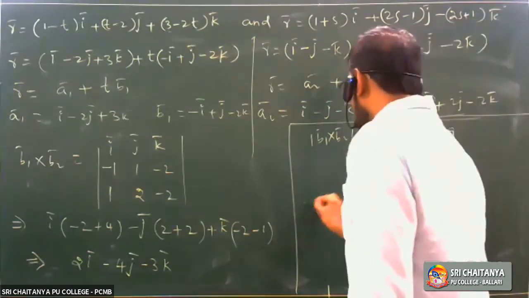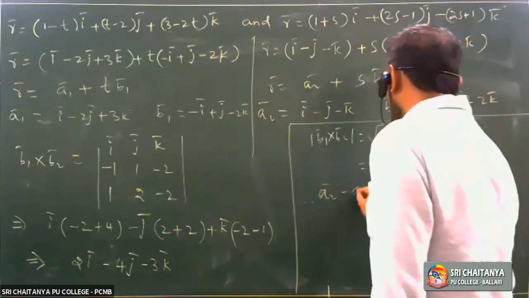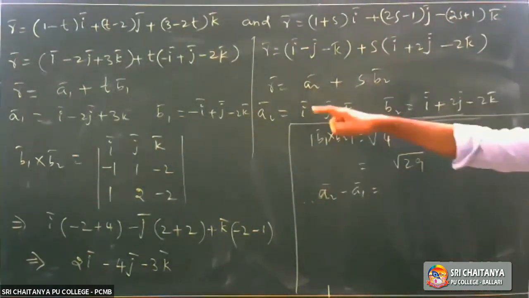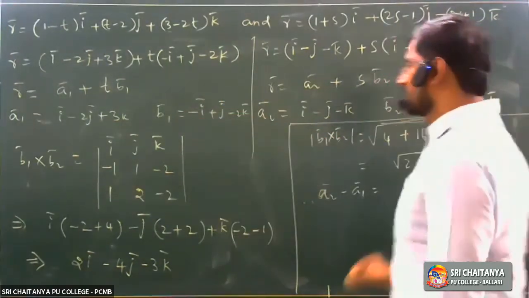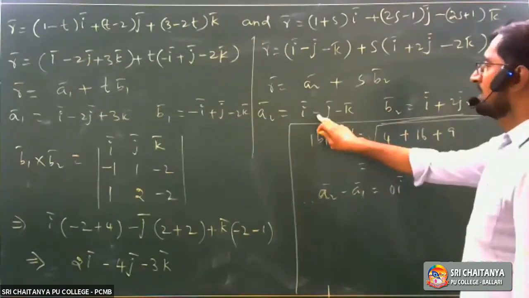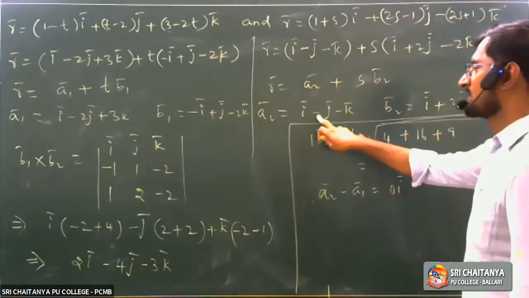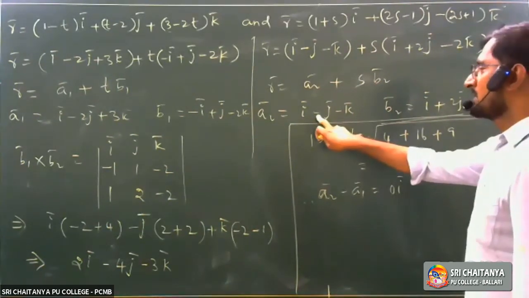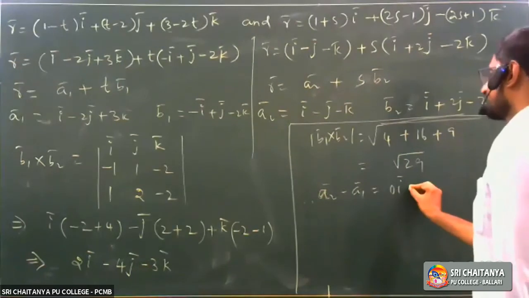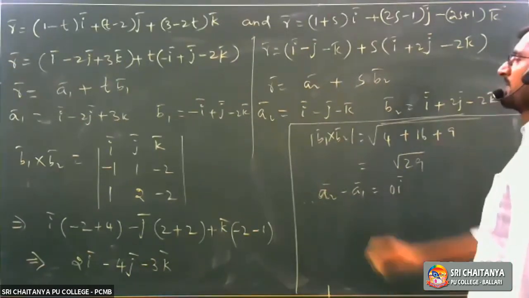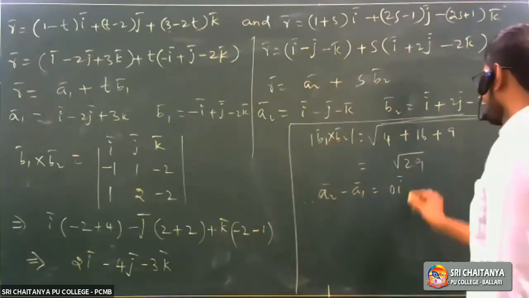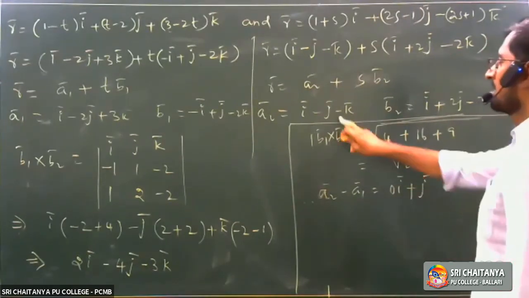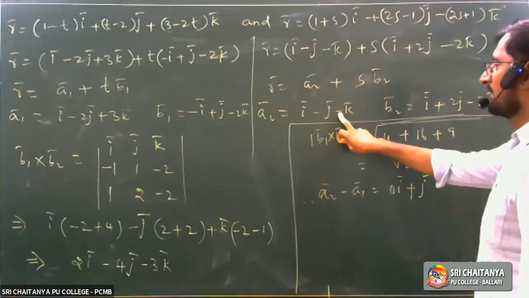Therefore, find A2 bar minus A1 bar. The value is equal to 1 minus 1, 0i, minus 1 minus of minus 2, it becomes 3j... minus 1 minus 3k, minus k minus 3k, it becomes minus 4k.